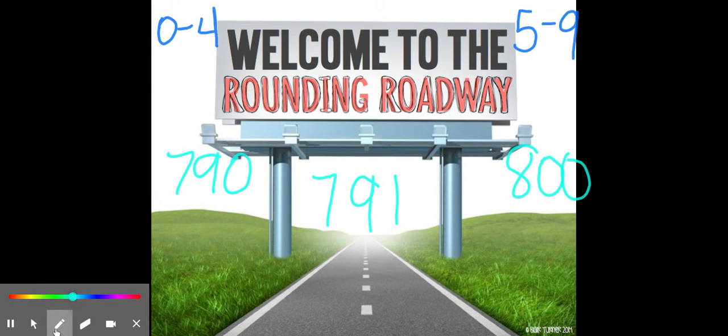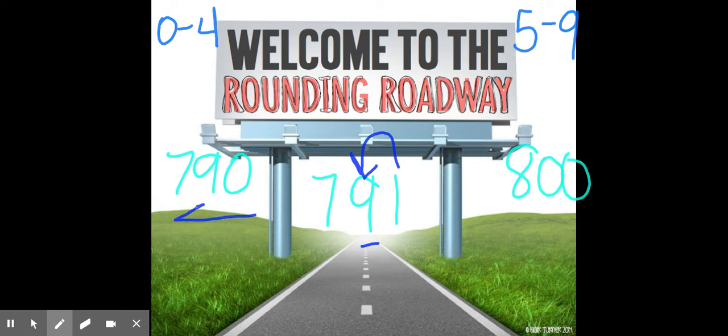All right, our next step is to look at the digit in the ones place, because it's going to tell our tens what to do. If that digit in the ones place is 0 through 4, it will tell that number to round down to the lesser 10.